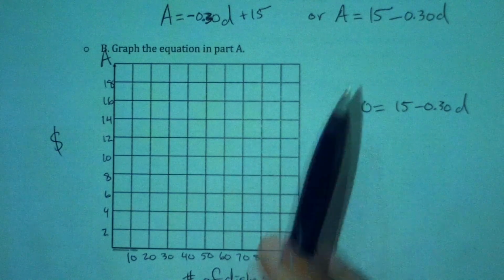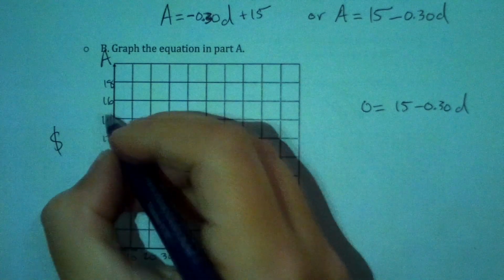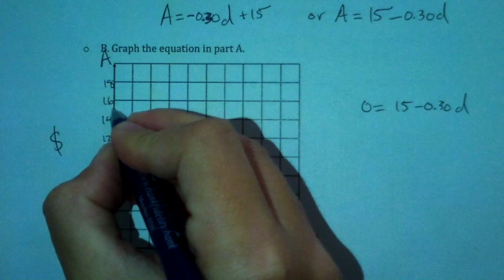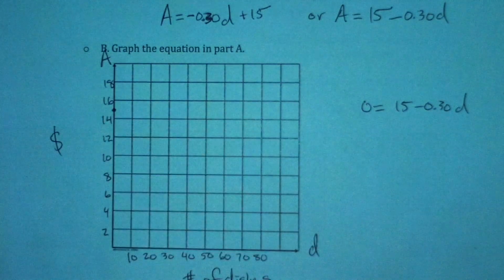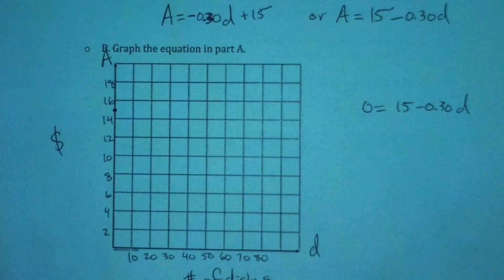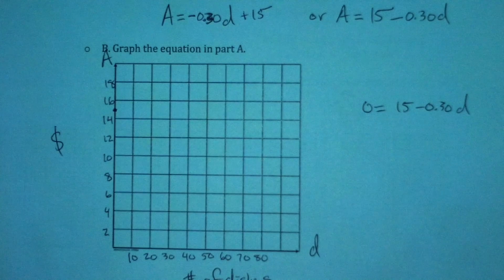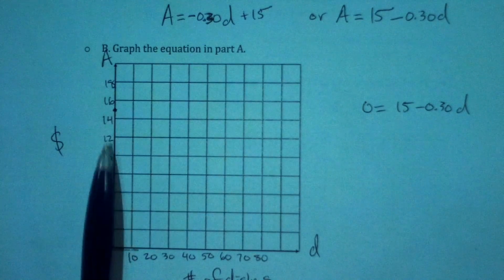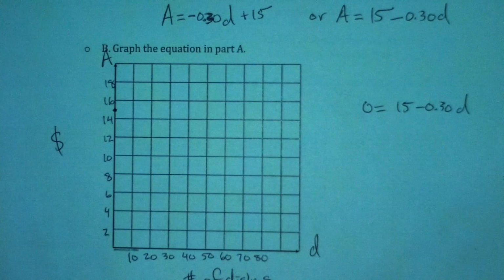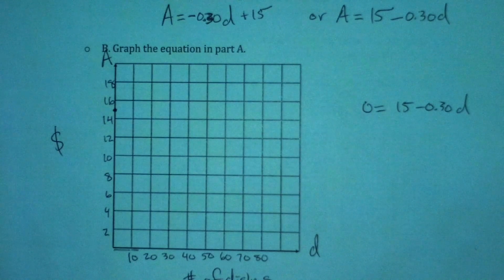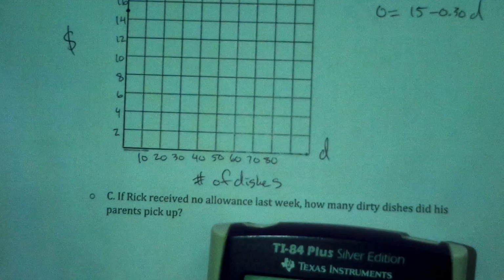And then 40 is 3. And then 50, like I said, I believe is 0. Yeah, 50 is 0. So that'd be our setup there.